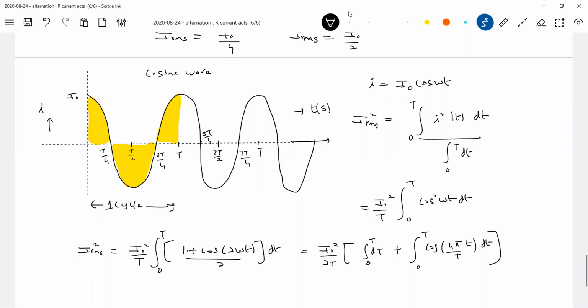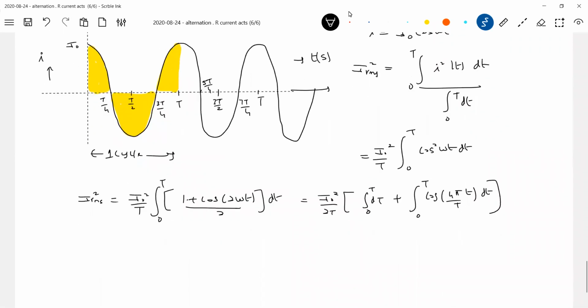Integral of cos omega t will be, so let's substitute all the limits, then we'll see how this function will end up.